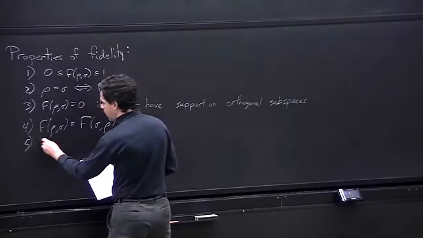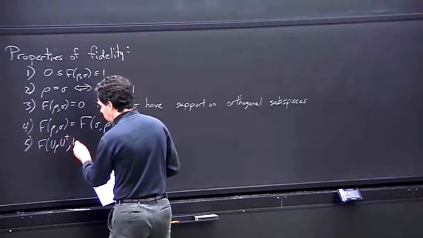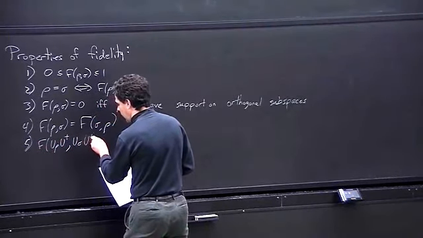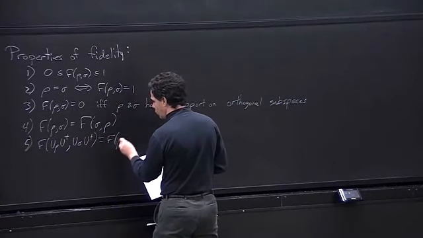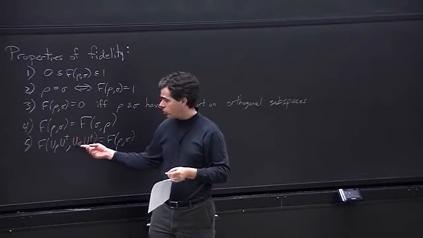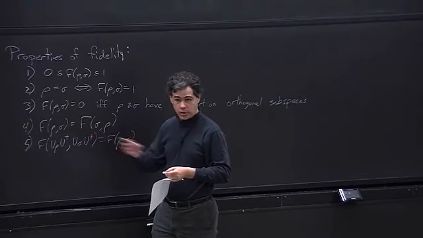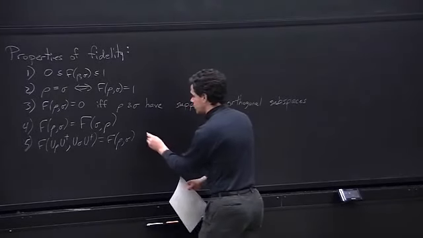The next one is that this fidelity is unitarily invariant. What does that mean? That means that if you take rho and sigma and you apply some unitary, so you have U rho U dagger and U sigma U dagger, it doesn't change the distance between them. Okay?